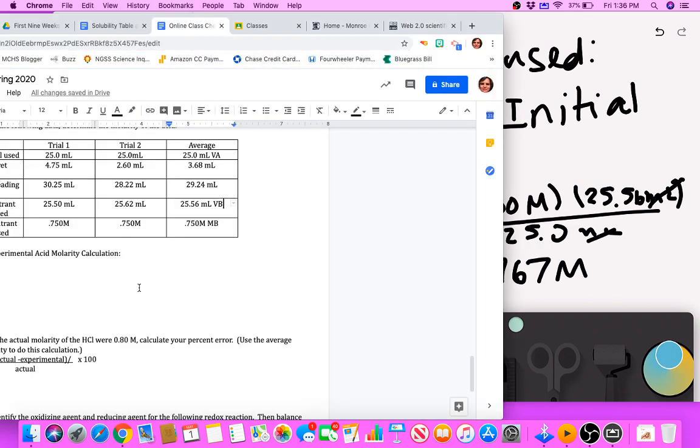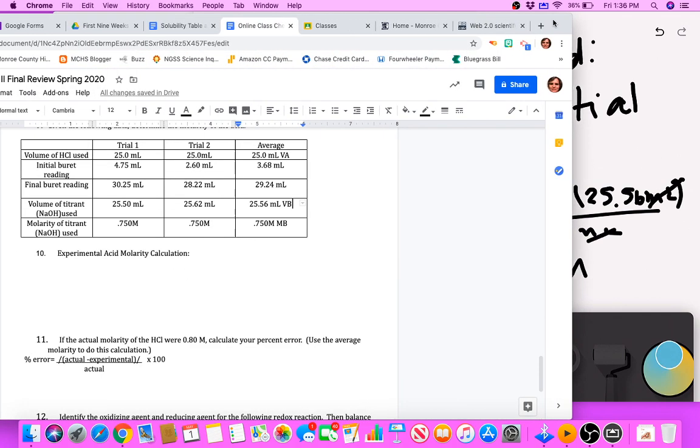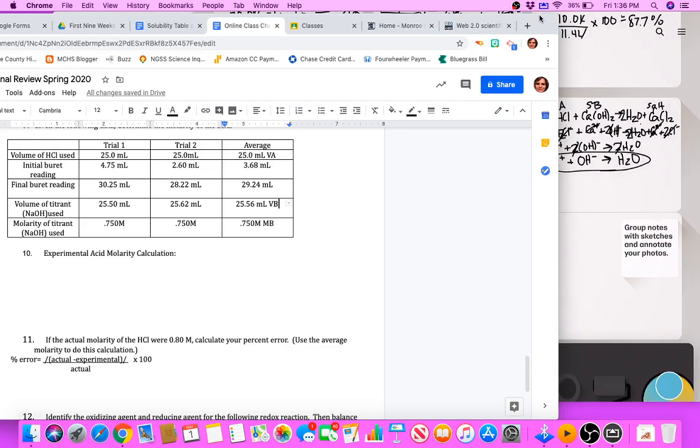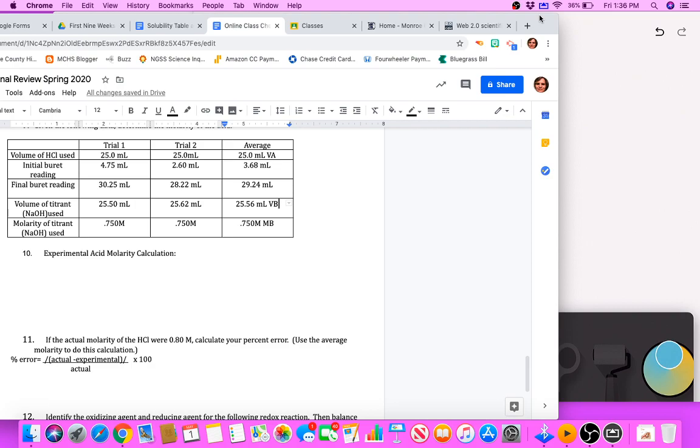Okay, going on, we're now looking at number 11. If the actual molarity were 0.80, calculate your percent error. Use your average molarity to do this calculation.